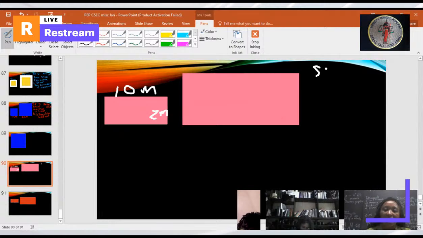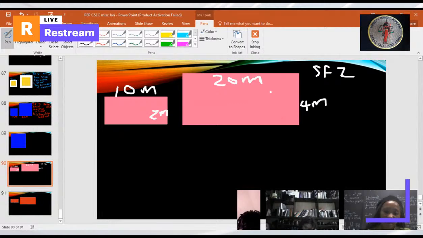If the scale factor is 2, this length would become what? 20 meters. And the width would become what? 4 meters.